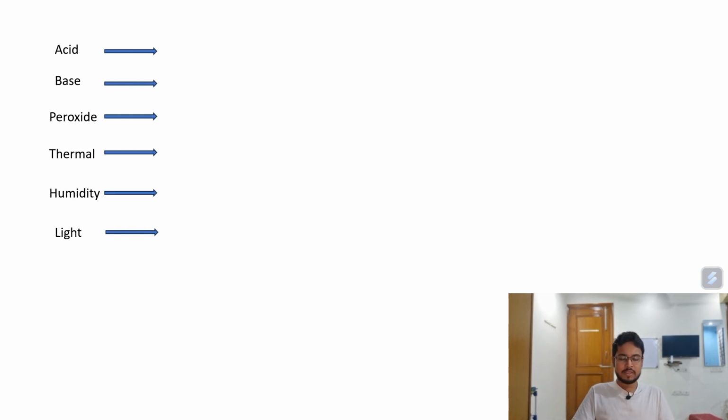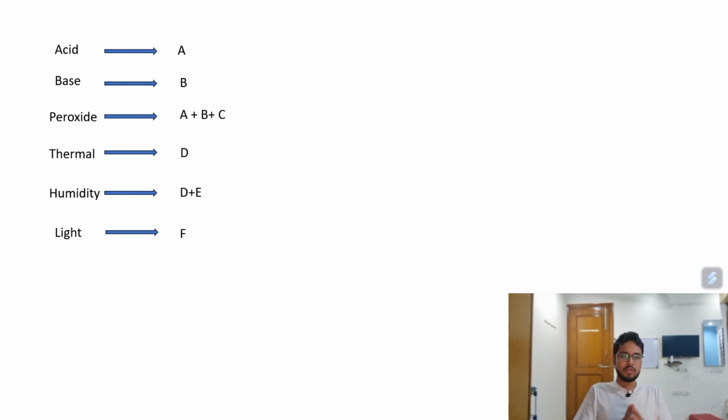Suppose upon exposure to the acidic condition, it forms a molecule called A. Then upon base, it forms a molecule called B. When you expose it to peroxide, it forms A, B, and a new molecule called C, all three together. Then thermal, it forms D. Similarly, in case of humidity, it forms D and E, and in case of light, it forms F.